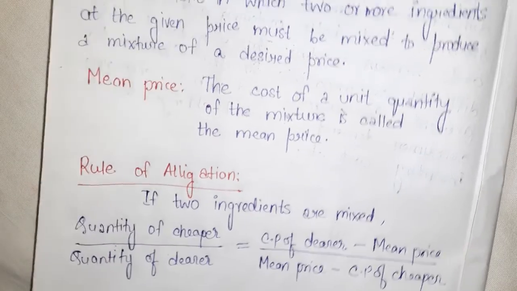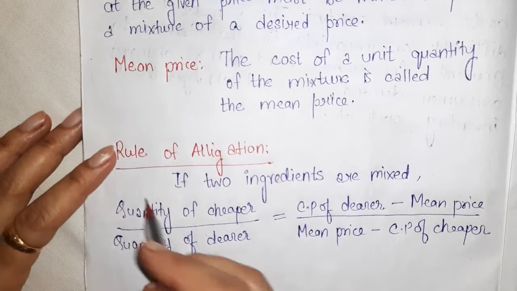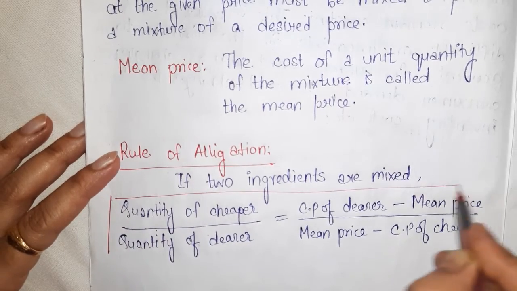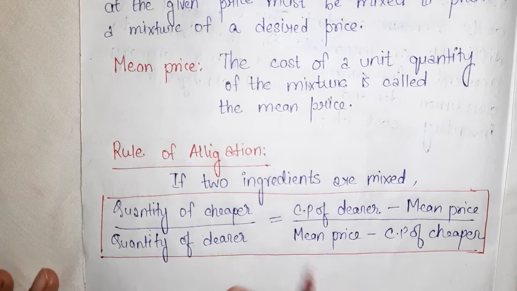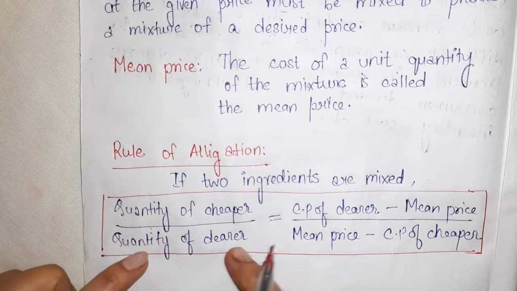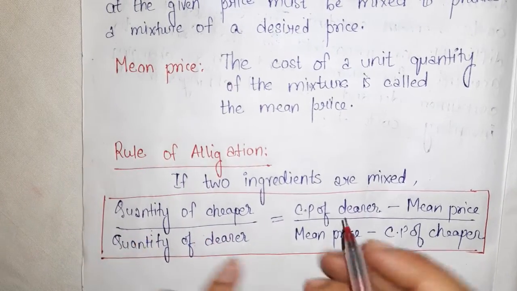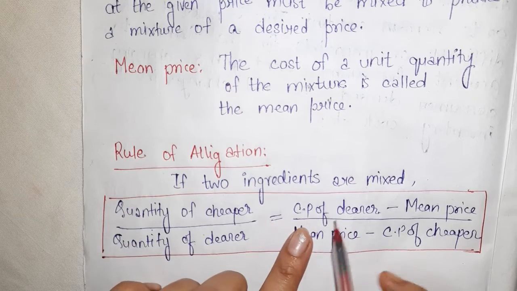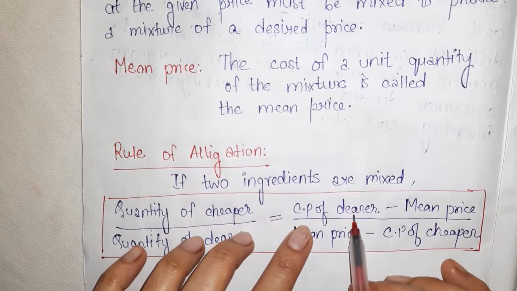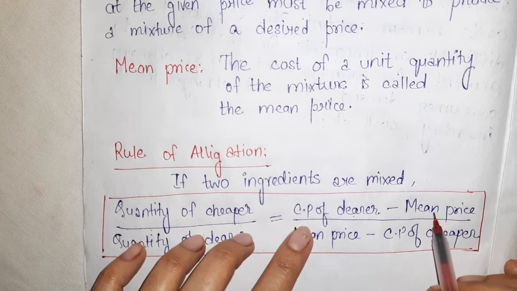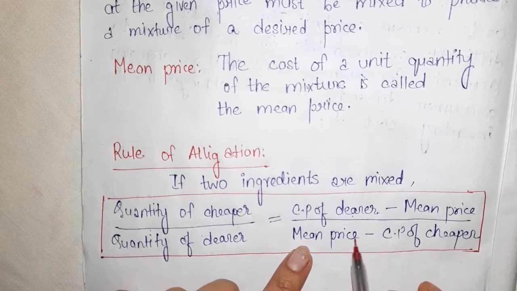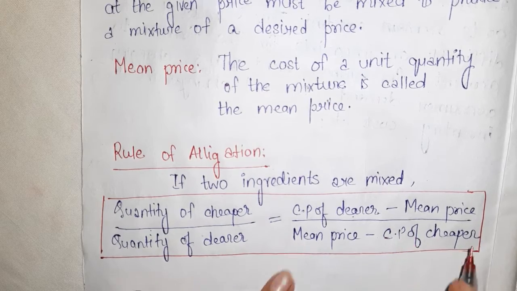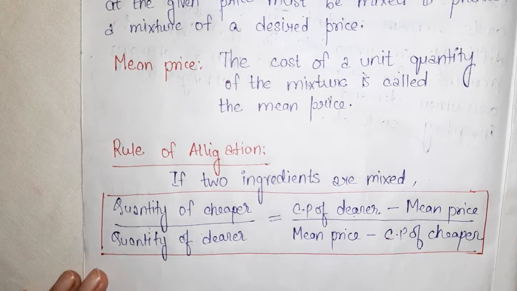So this is the rule that we get from alligation, from which we can find the ratio. This is the quantity of cheaper by quantity of dearer. This is the ratio. In your question, you are given the cost price of dearer minus the mean price, that is the price of that mixture, divided by mean price minus cost price of the cheaper one, right?